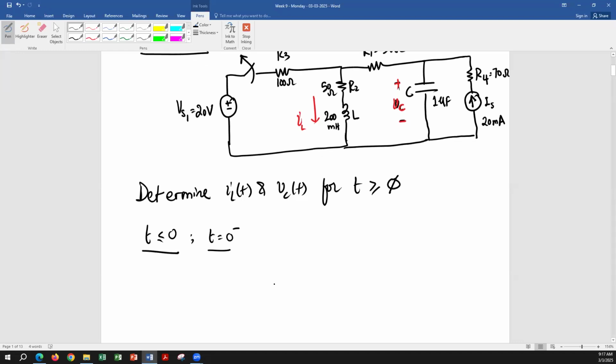If you do KCL, then you have to apply Ohm's law to find IL. So I'm going to assign this as loop number 1, and this is my loop number 2. Remember, capacitor is open. L is short, and C is open at steady state.